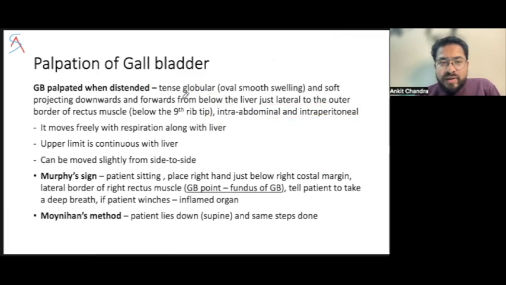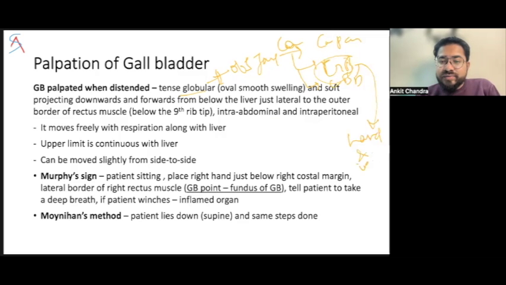When we say palpable gallbladder with obstructive jaundice, then think of carcinoma of pancreas, carcinoma of gallbladder, carcinoma of common bile duct. In case of carcinoma of gallbladder, it would be a hard and irregular mass.